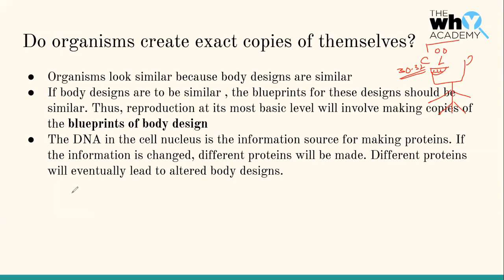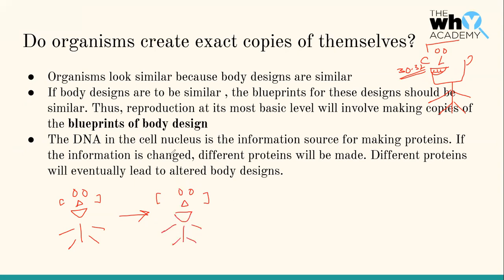So for example, if the human basic blueprint is, let's say, this, with two arms and two legs, whenever you make a copy, or whenever reproduction occurs, it has to make sure that this basic blueprint is followed, which means you must have two ears, two eyes, one nose, one mouth, two arms, and two legs.